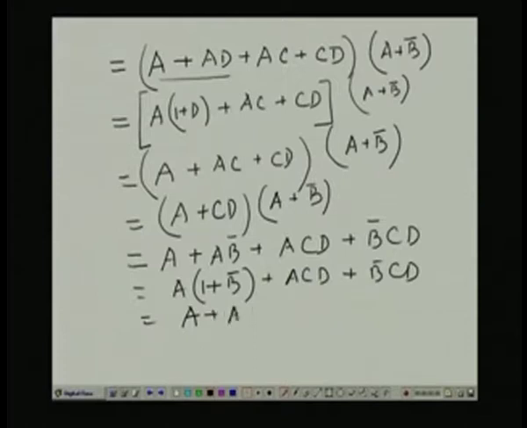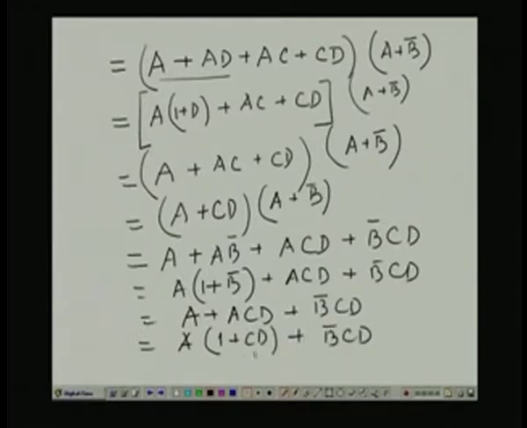So, again A plus A C D plus B bar C D. Now, again if I take A common, this becomes 1 plus C D, plus B bar C D. Now, 1 plus C D is 1, so this equals A plus B bar C D. So, mainly for this simplification, we have used the basic postulate that 1 plus B equals 1.